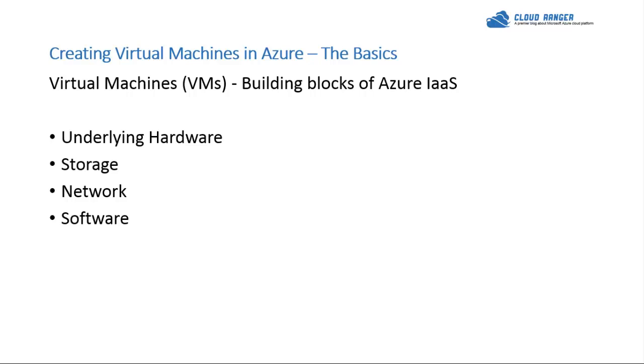The next thing is software, and by software here I mean the operating system. For example, you use Microsoft servers, Windows Server, or Windows client operating systems, or Linux, or any other operating system that you are going to run. And in Azure, those are provided to you in OS images, pre-built images, or you can also create an image of your own in Azure.